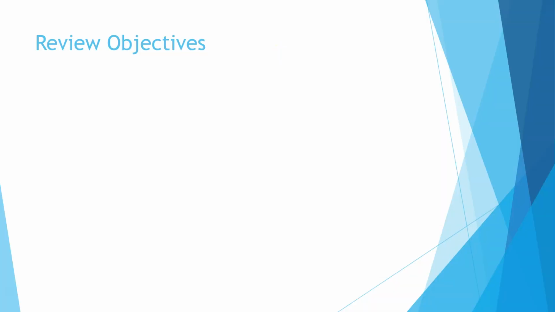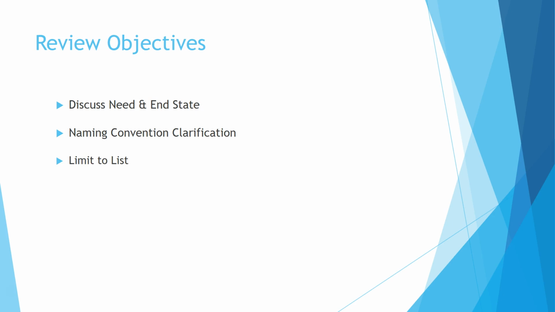So we're just going to do a review of our objectives. We've discussed the need and end state, so the reasons why we need to create these validation rules. We've covered naming convention, and you should utilize Hungarian notation moving forward. Please use this video as a reference file if you ever forget. We've covered limit to list and how that drop-down box affects lookups as well as list values.